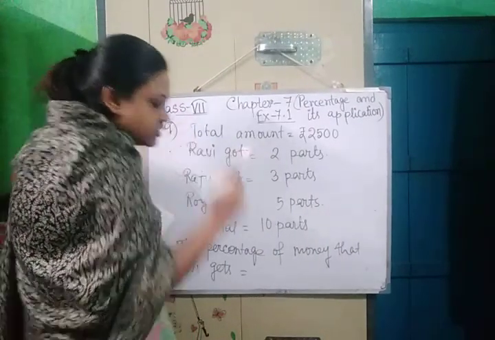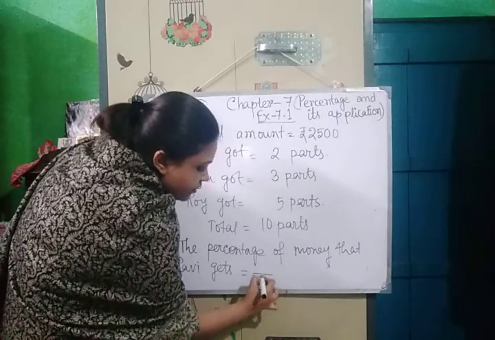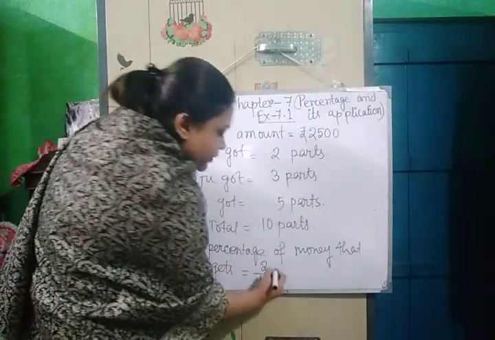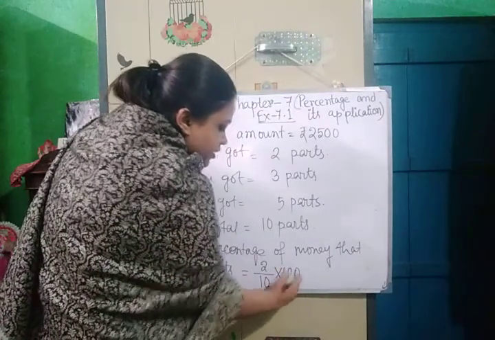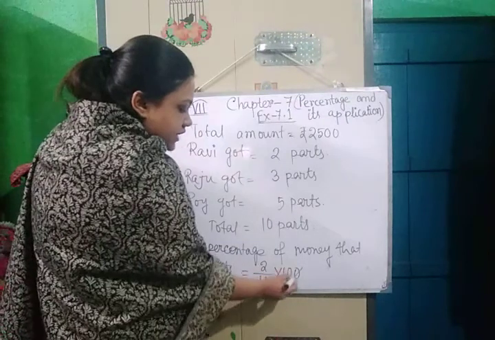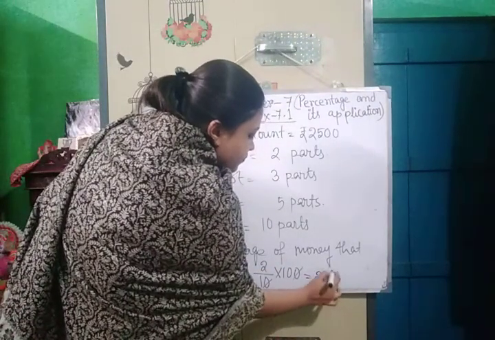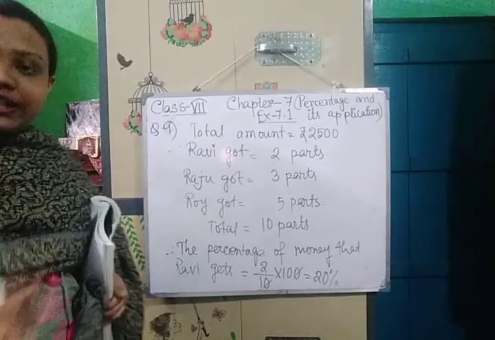So what is the fraction? Out of 10, Ravi gets 2. Now we will convert it to percentage, so we will multiply 100 with it. Now cancellation, 0 0 cancelled. 2 into 10, 20%. So Ravi gets 20%.